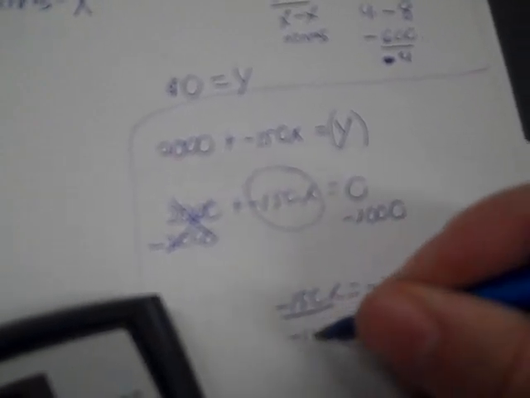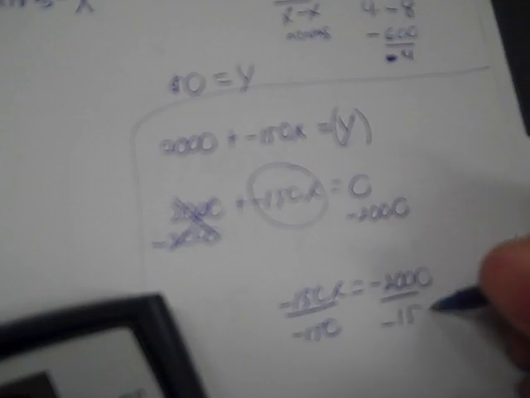We divide, and I have my answer. This one's not going to work out very clean. It's going to be 13.3 repeating. It'd be like 13 months and some weeks.